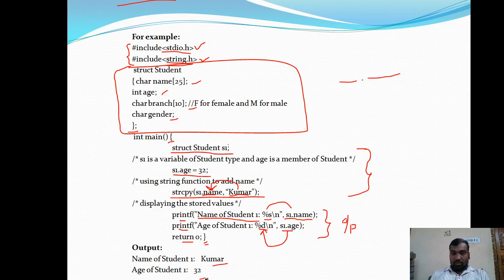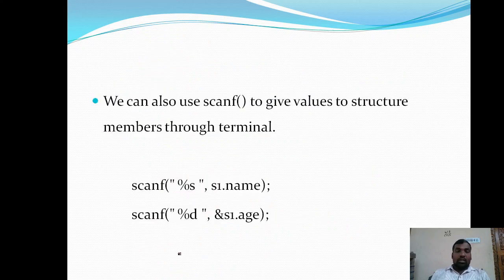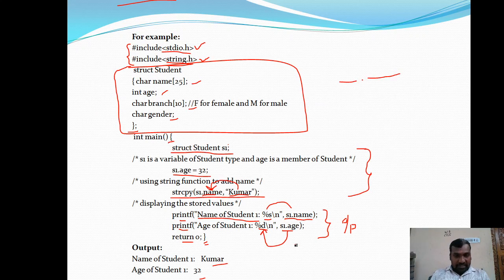Now here we are supplying the input, that is name of the student and age, by directly using the assignment operator, the equals to operator.